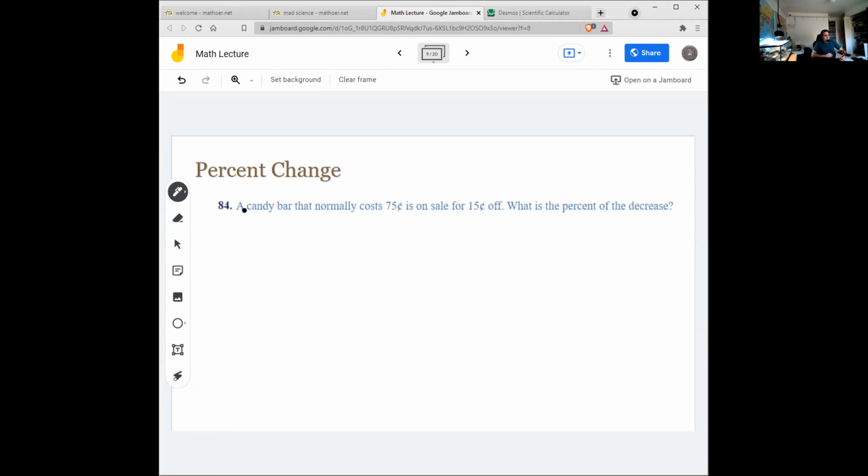A candy bar that normally costs 75 cents goes down in price to 15 cents. I could have written my arrow straight down, but since I am used to reading from left to right, at least in English, then I always sort of make a flow of what's happening going across the line. So you can make it straight down if you want for your picture. I'm just explaining why I draw. Whoops, and I drew my picture wrong. It's not going down to 15 cents. It's 15 cents off.